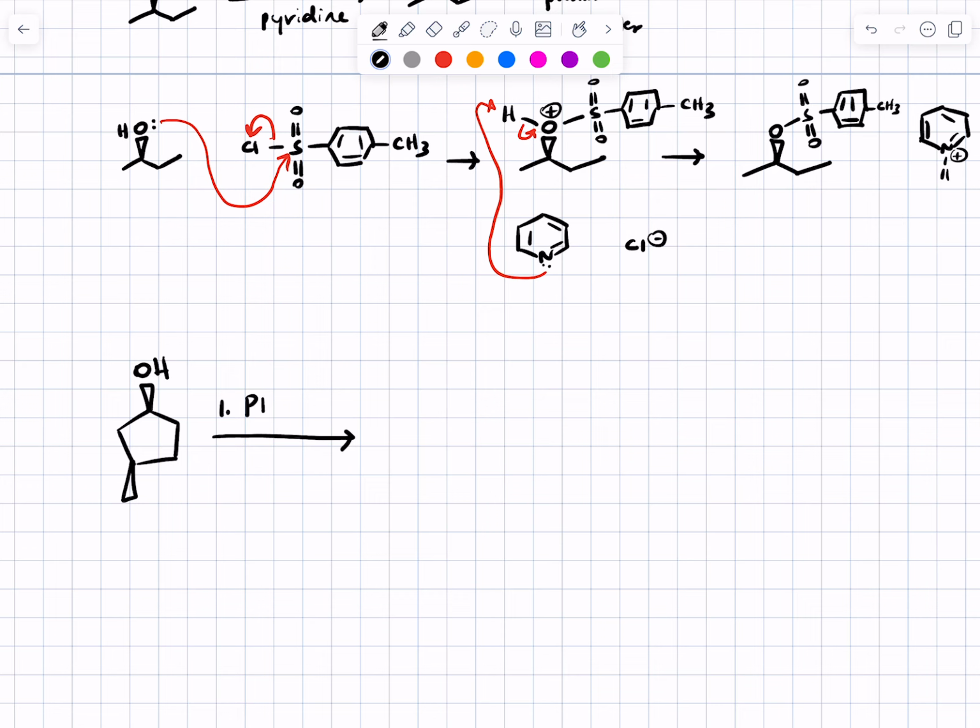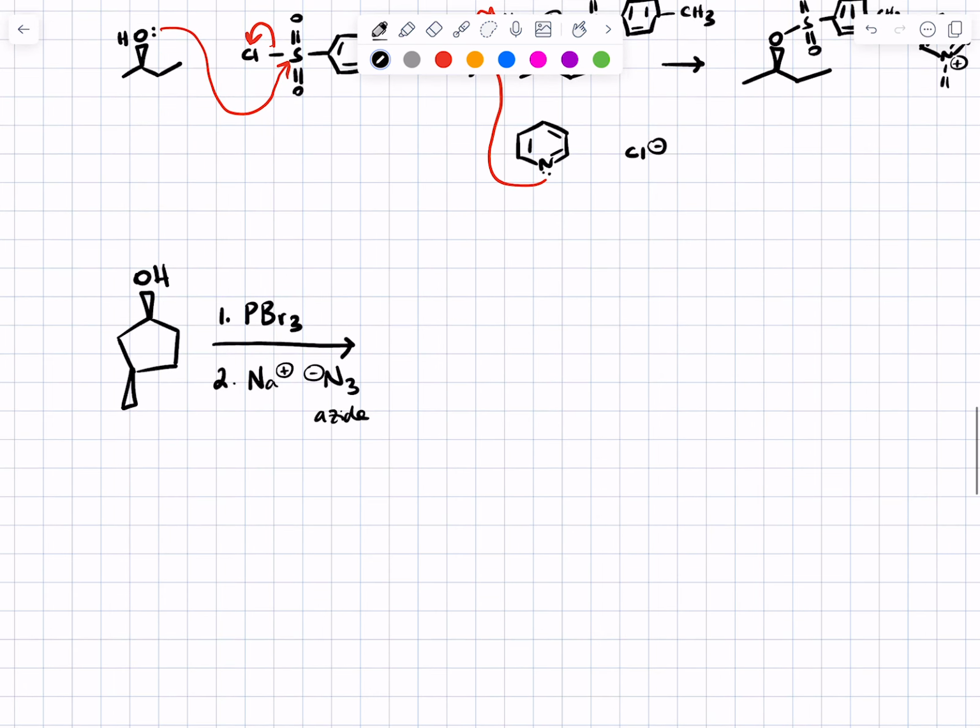So I'm going to now do a two-step reaction series, PBr3, and then in the second step, I'm going to add sodium azide. Sodium is just the counter ion. Azide is the nucleophile.